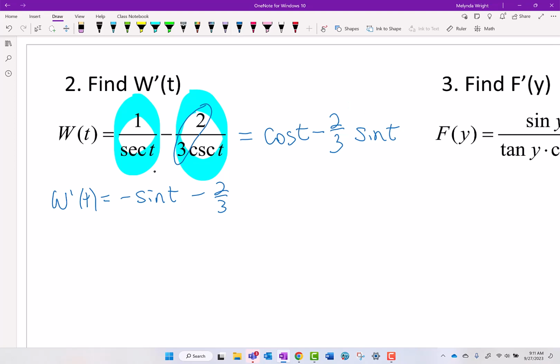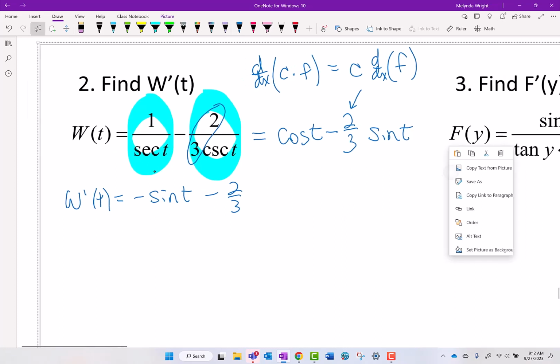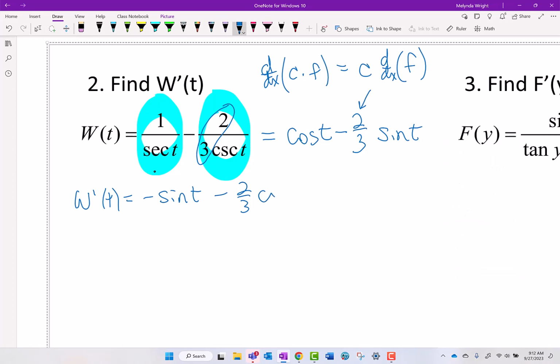Instead, I'm going to utilize, it's actually on your formula sheet, that the derivative of c times f, c being a constant, is the same thing as c times the derivative of f. That's what I'm doing. I'm pulling the c out, allowing it to sit there, and now I'm going to take the derivative of sine, which is cosine. And that's my answer.